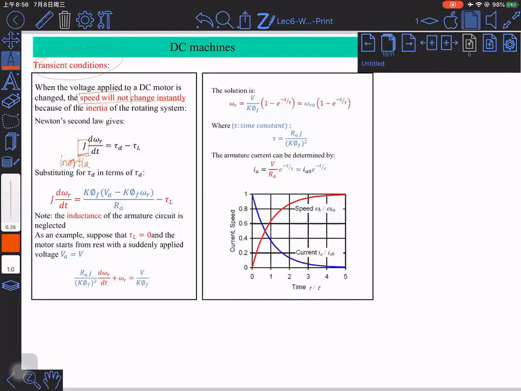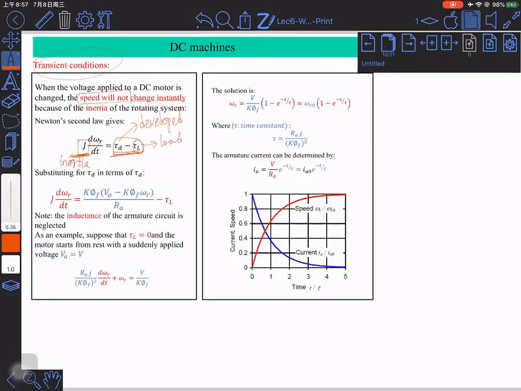But because of the presence of this inertia, even if you have a reasonably large torque, if you have a very large inertia, the slope of the rate of change of the speed will not be very large, because the rate of change of the speed is equivalent to the difference between the developed torque, or we say the induced electromagnetic torque, and the load torque, divided by the inertia. And that's why the inertia affects the rate of change of the speed.